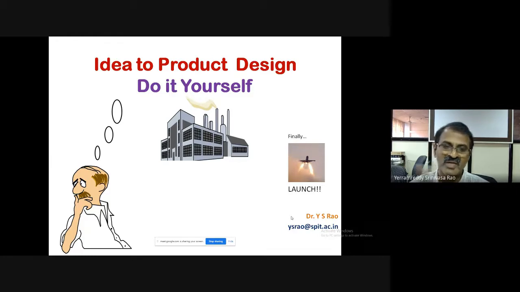You need to understand the stages involved in a product. We start with an idea, some concept, but finally it needs to be launched and sold, which is commercialization.